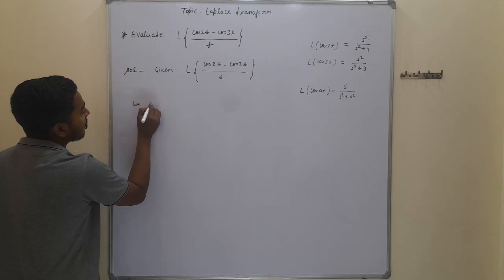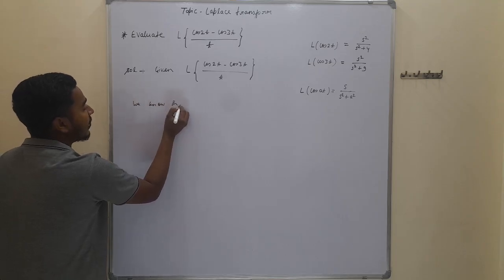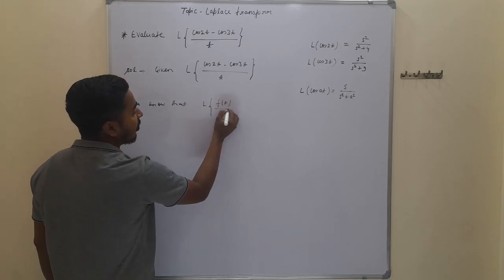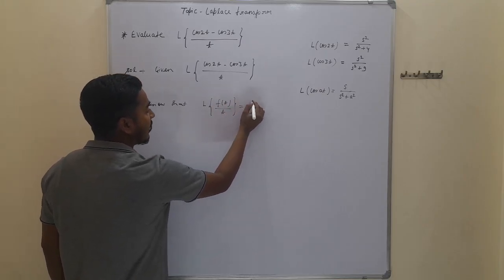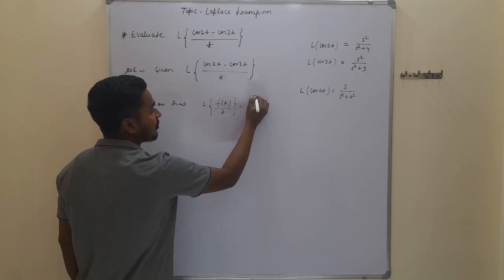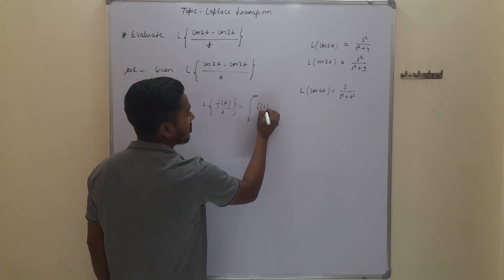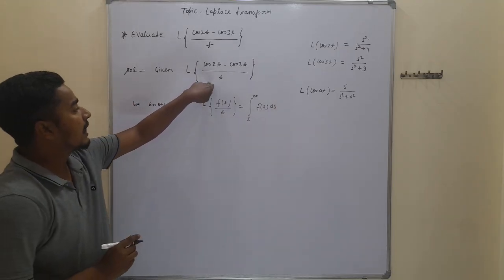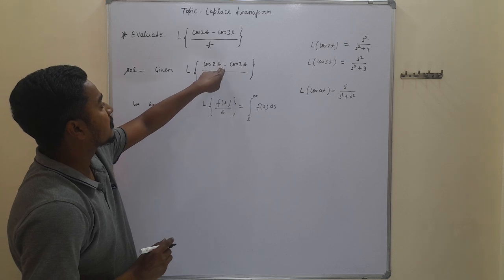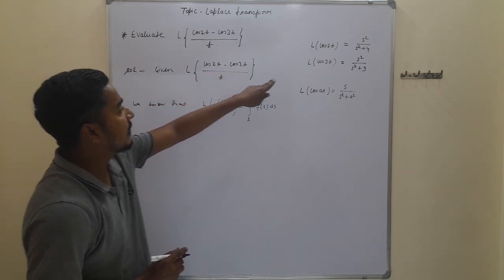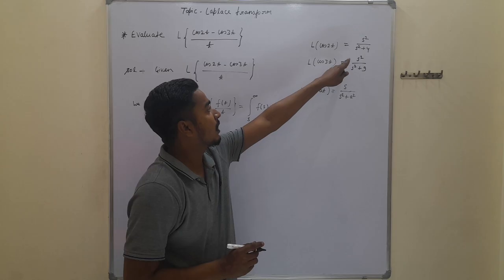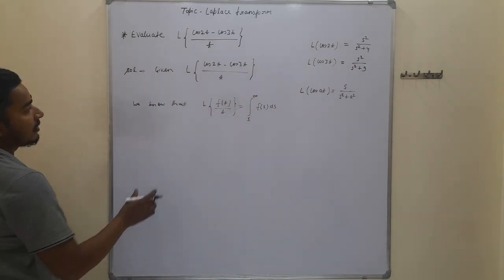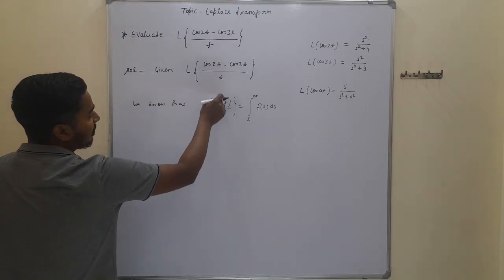We also know that Laplace of f of t upon t is given by the integral with limits s to infinity of F(s) ds. So we put in the form of Laplace of cos 2t and cos 3t, which is s upon s square plus 4 and s upon s square plus 9. Here this is f of t upon t.